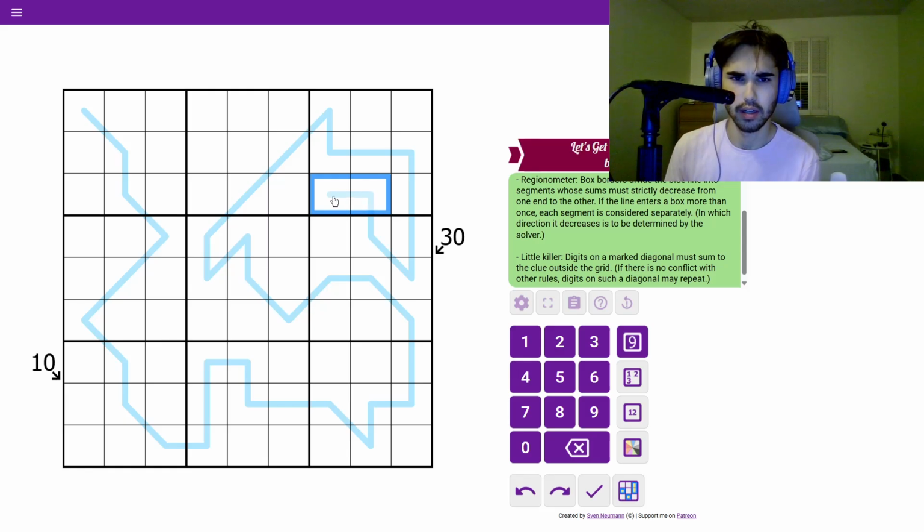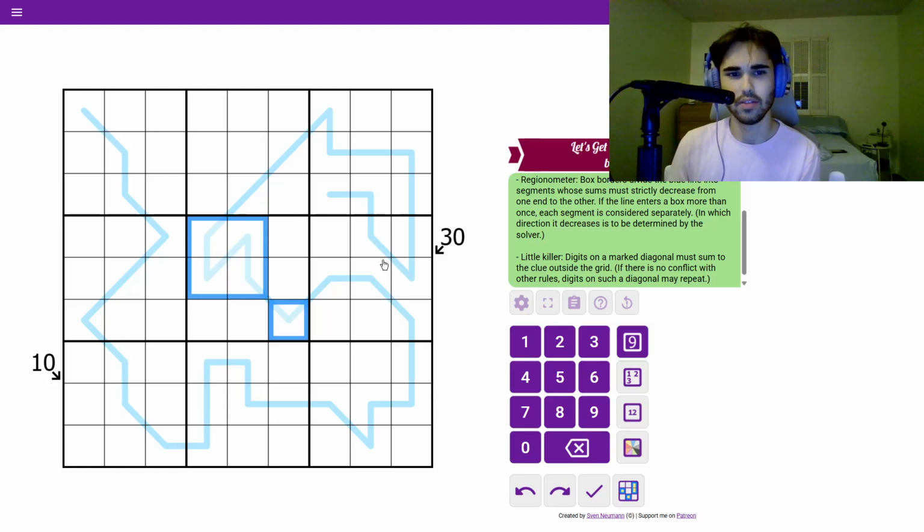Not sure. Because you could go, I mean, the maximum 17. You go 16, 15, 14, 13. Well, that can't even be 13. This is a minimum of 15.